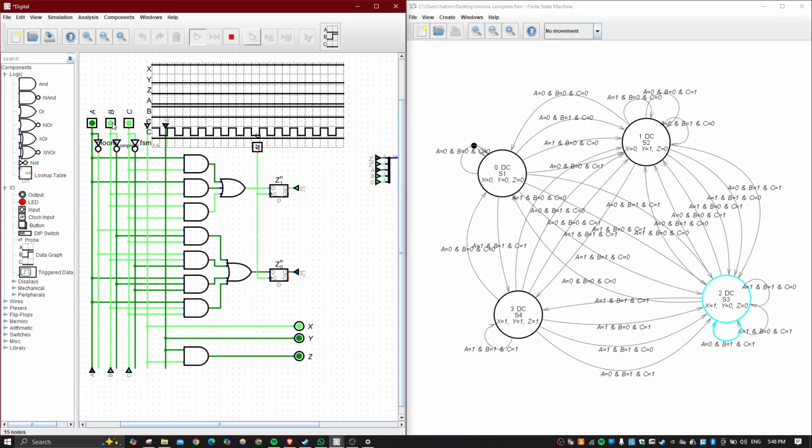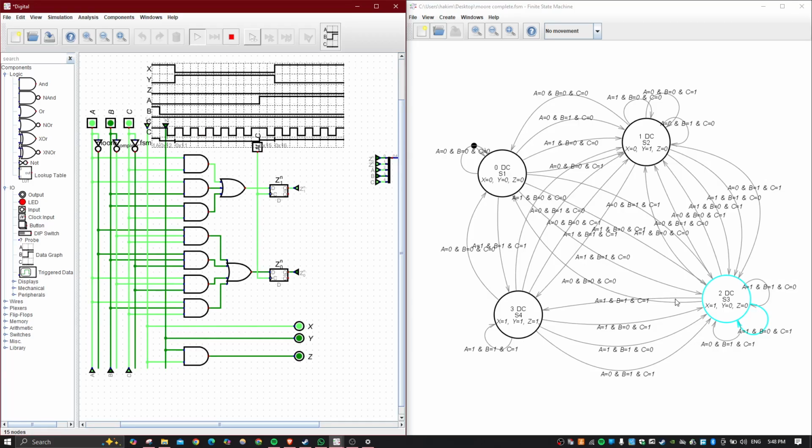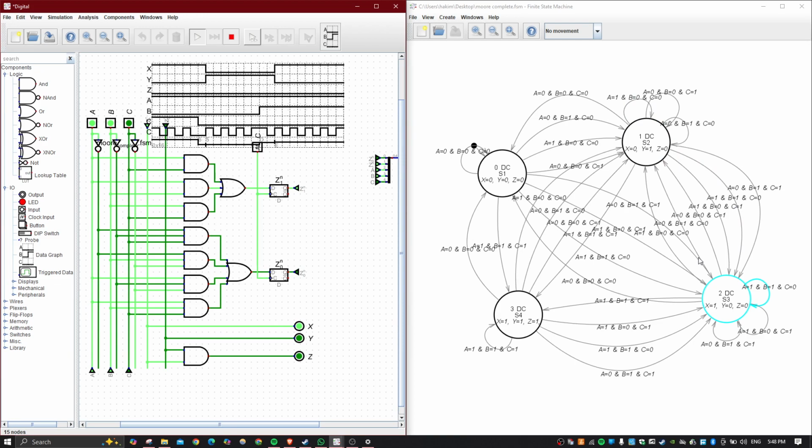The same happens with the dissolved oxygen and pH level, or the pH level and turbidity level. So when one input is activated and another input is activated, we go from S2 to S3. We can conclude that the transition from S2 to S3 is A bar, B, C, or A, B, C bar, or A, B bar, C.